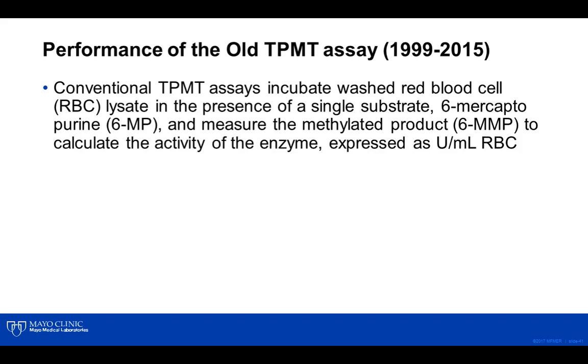Dr. John O'Brien in our department set up a TPMT assay in 1999, and it was based on the analysis of a product of a single substrate, 6-mercaptopurine. The activity of the enzyme was expressed as unit per milliliter of red blood cells lysate. Keeping in mind the calculation of this unit could be done in slightly different ways, leading sometimes to systematic differences in results.